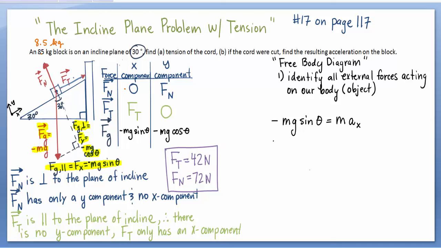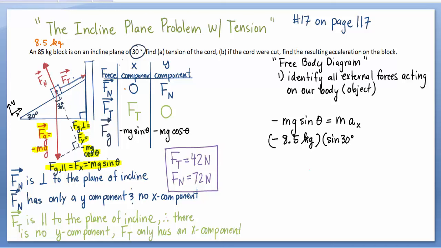And we can say a negative 8.5 kilograms times the sine of 30.